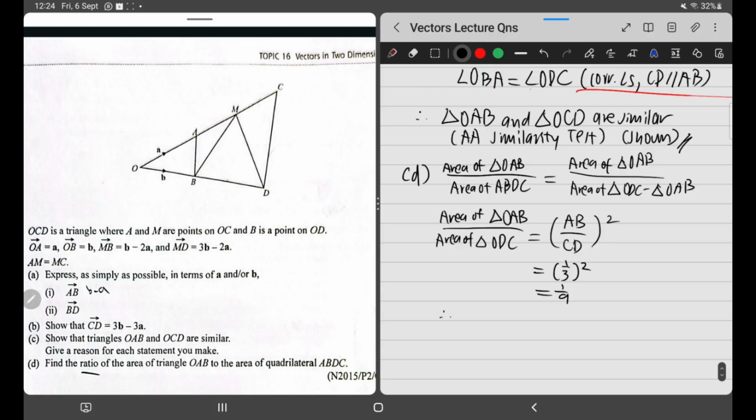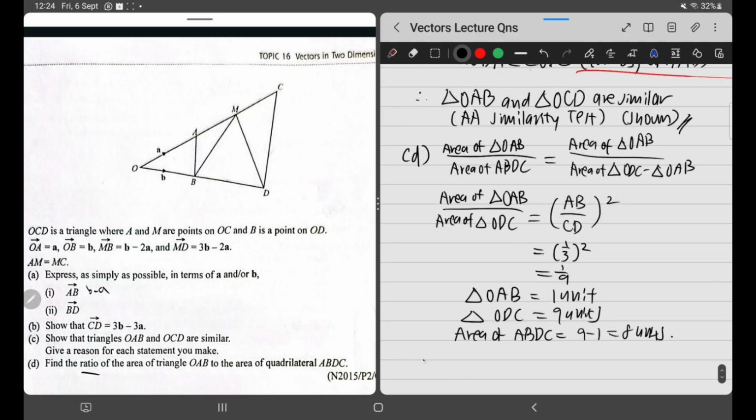Therefore, OAB is 1 unit, ODC is 9 units, and therefore, area of ABDC is 9 minus 1 is 8 units. Hence, therefore, ratio of triangle OAB to ABDC area is 1:8.